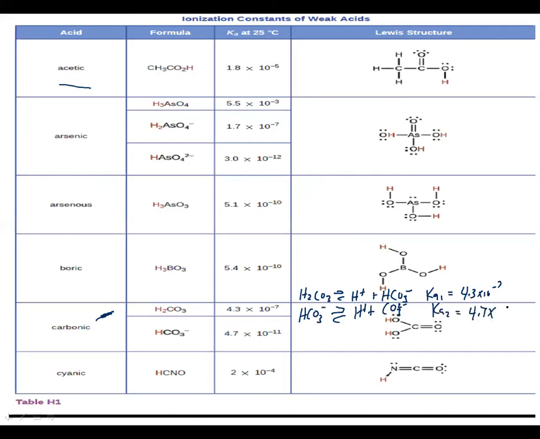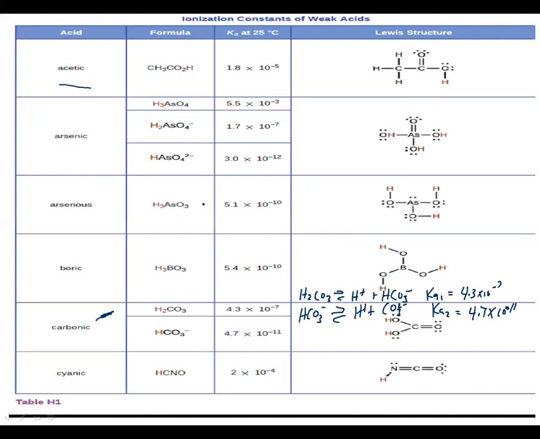Just like normal, when we talked about our K values, they are specific for the reaction as to how it is written. So obviously that 4.7 number is specific for that second hydrogen coming off. So that's why we see two values there, one for the first hydrogen coming off and one for the second.